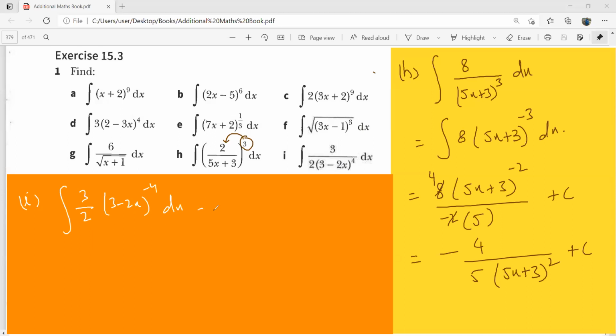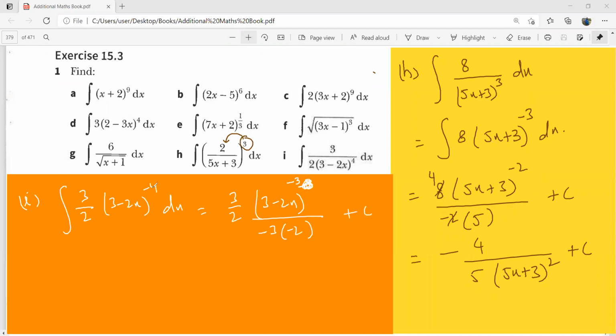So now this is 3 over 2, 3 minus 2x raised to power minus 3, over this minus 3 into minus 2 plus c.